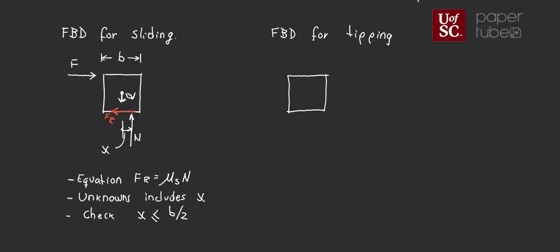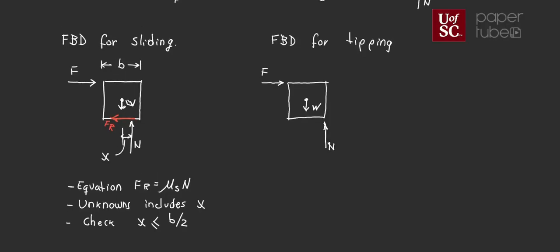No difference in our weight and in the force that is pushing that system. And what we're going to see is now that we actually know the location of the normal force, right? We know that because it's about to tip, right? It's about to tip. The normal force needs to be at the very end, right?